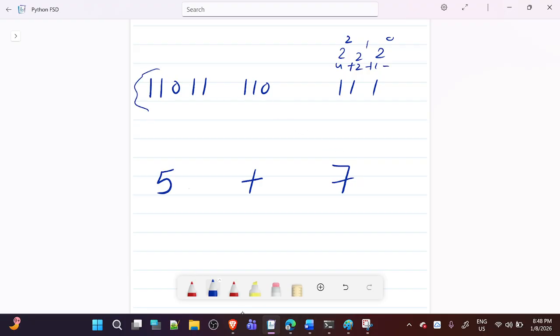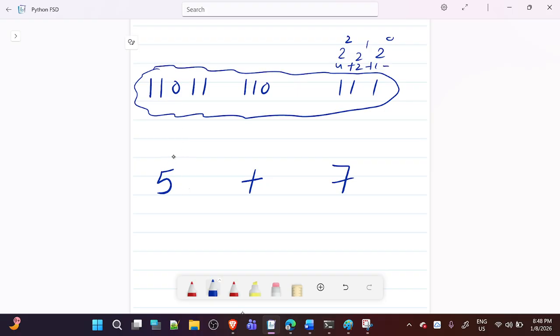Let's suppose this is also the same. I'm just giving an example. This is also the same.